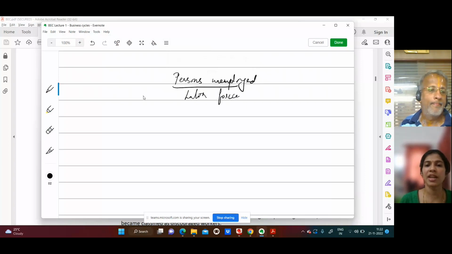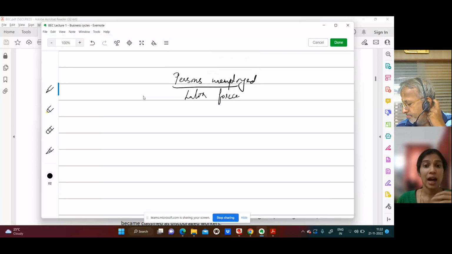Here you have to be very careful. You cannot just take the total population of the country for the denominator. It is not that way. It is the labor force, that is, people who have the skill set and who are willing to actually work. Out of those, the people who are not employed give you the unemployment rate.